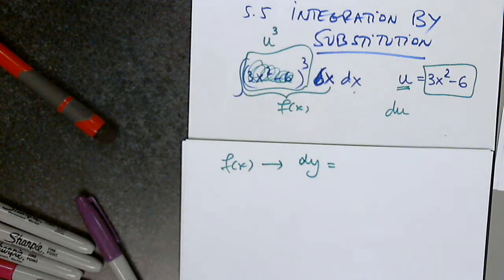When we use the approximations, what did we replace dy by? Go back to your notes. Let's find dy. I need it now because without dy I can't proceed.